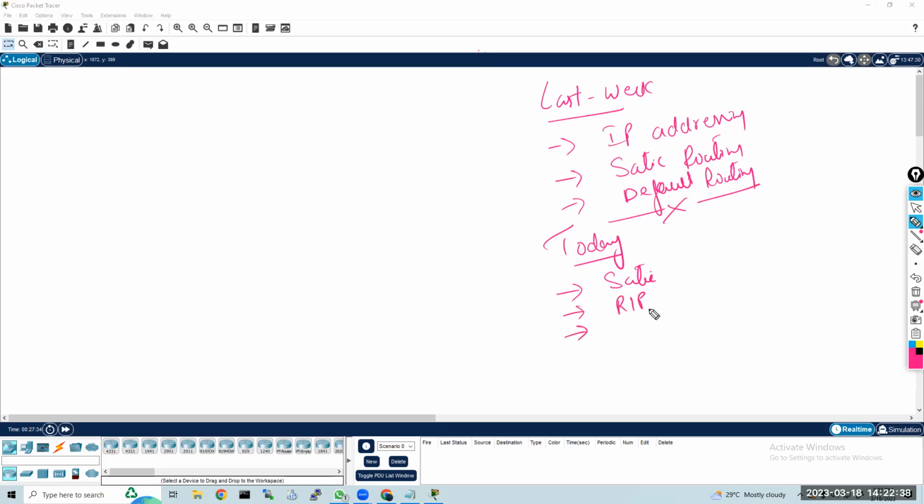Then we'll jump to EIGRP. In EIGRP we'll do a lot of labs, including EIGRP MD5 authentication, EIGRP with loopbacks, and EIGRP using 3 routers. Then we'll jump to OSPF after the break. These are the topics which we are going to discuss today, guys. So let's start.